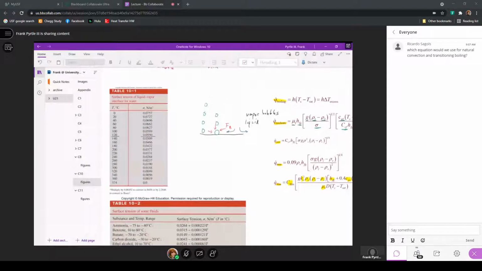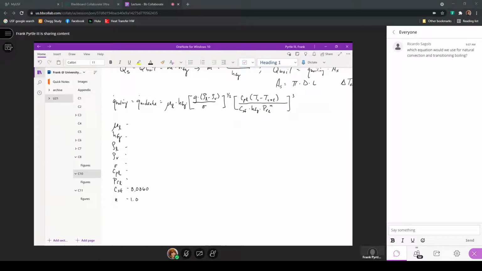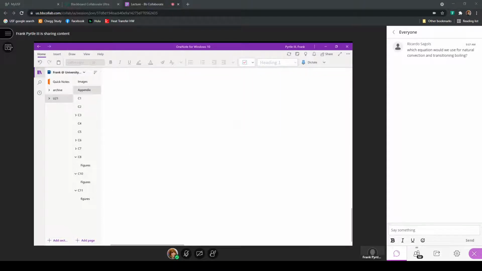Again, the properties are going to be evaluated at the saturation temperature for the water. This is not an average temperature or anything, just the saturation temperature for the water. So 0.0550 newtons per meter.